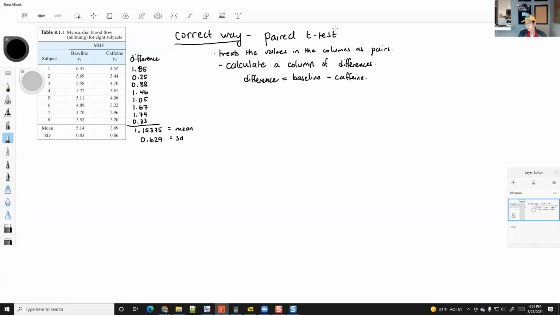And once you have this column of differences, we can ignore the two original columns, baseline and caffeine.